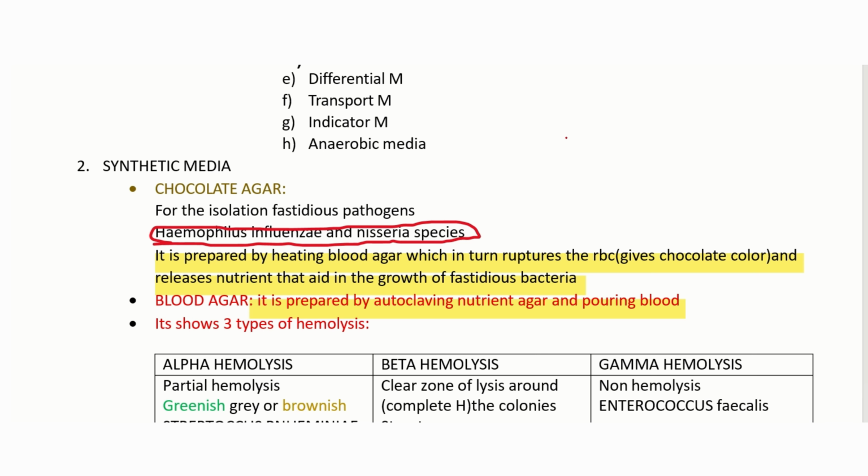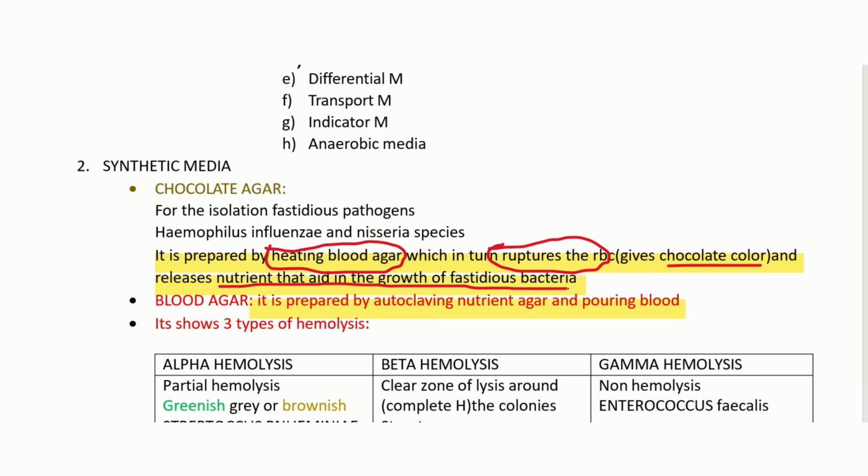Chocolate agar is mostly used for these two species, Haemophilus influenzae and Neisseria. It is prepared by heating the blood agar. First, the blood agar is heated, which in turn ruptures the RBCs, and the rupturing of the RBCs gives it a chocolate color and releases nutrients that aid in the growth of fastidious bacteria.